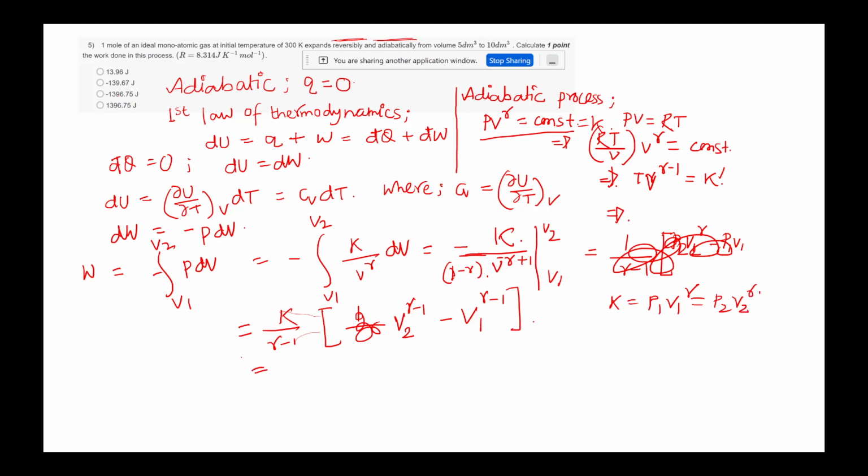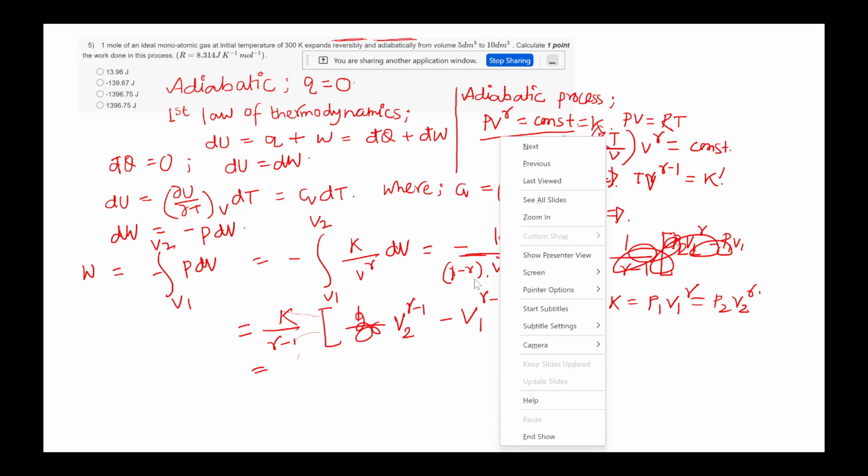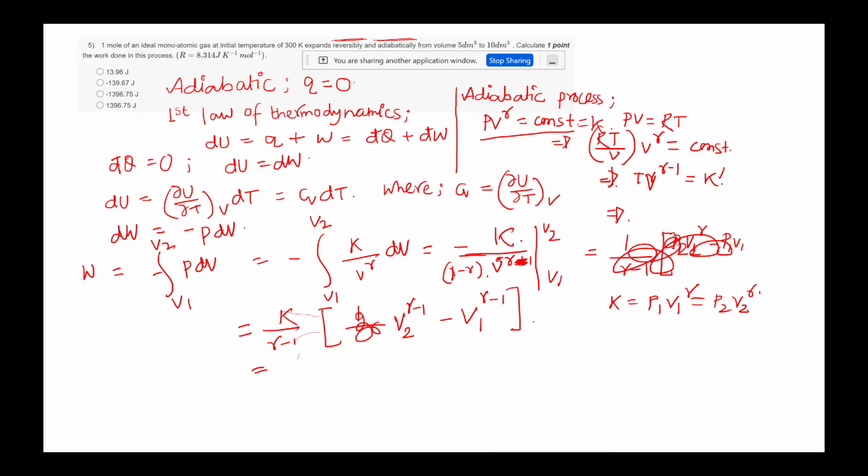And if you replace this, for the first term it will be P2 V2^gamma, then it will be gamma and minus 1, sorry, I have done something wrong. It will be 1 minus gamma, so there was a slight mistake.